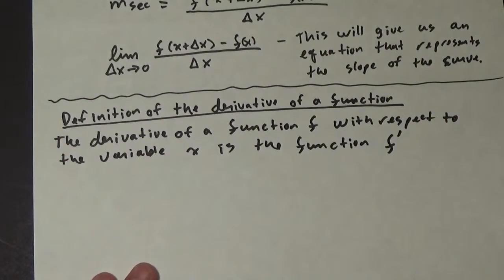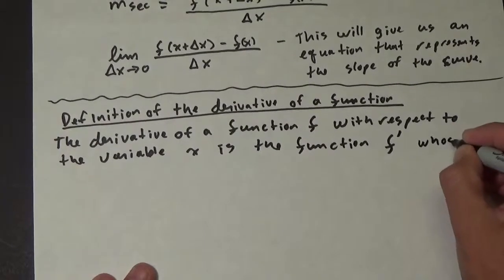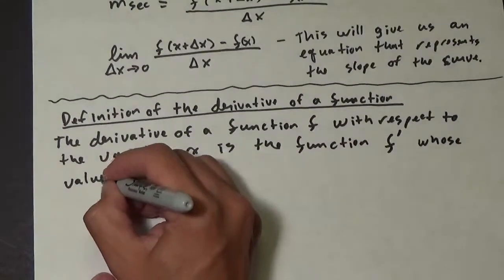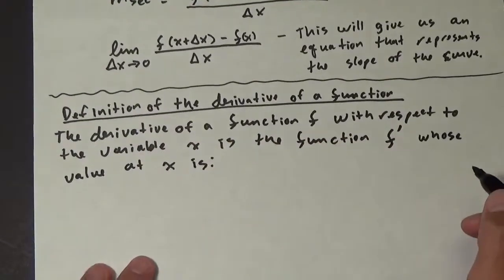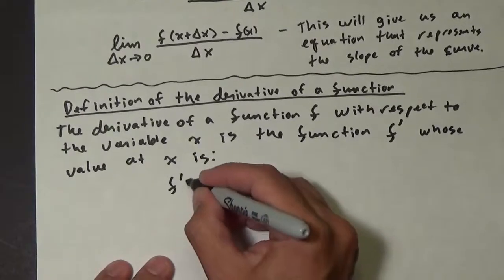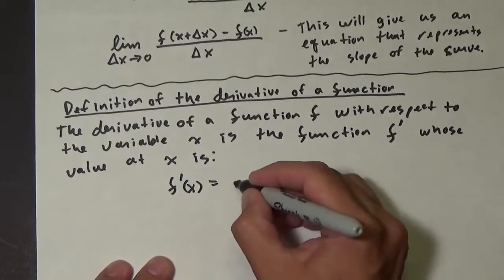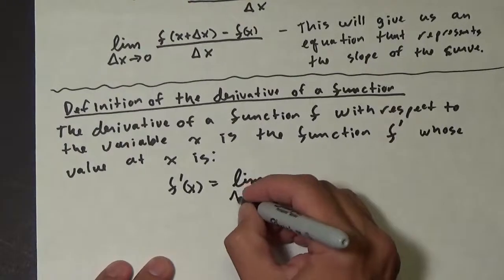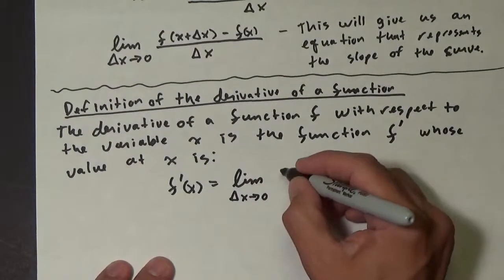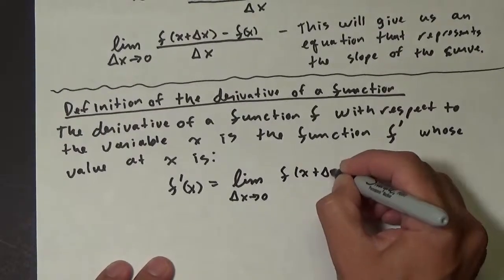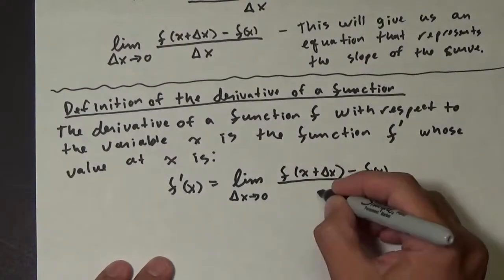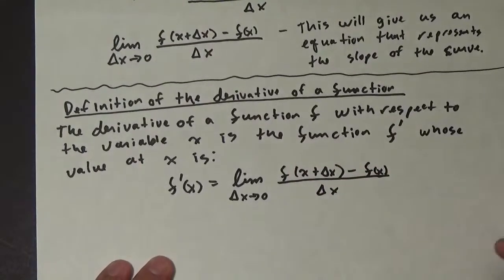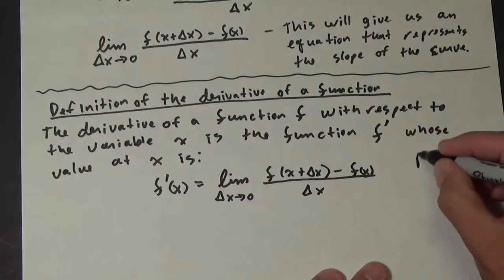That's going to mean the derivative, whose value at x is, and what we write is we say f prime of x equals the limit as delta x approaches 0 of f of x plus delta x minus f of x all over delta x. Okay? And then over here we'll say provided the limit exists.